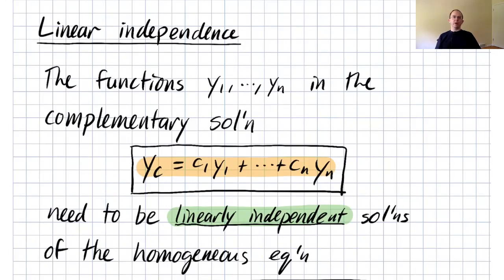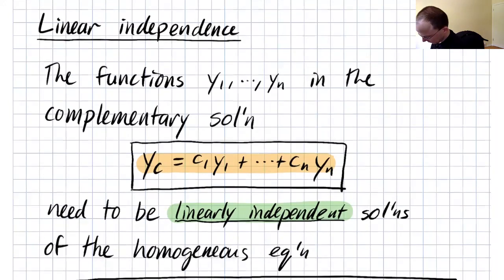We might as well throw it out because it's redundant. So the important thing we need in order to be able to satisfy any initial condition is to have a full set of linearly independent solutions, a full set of non-redundant solutions.